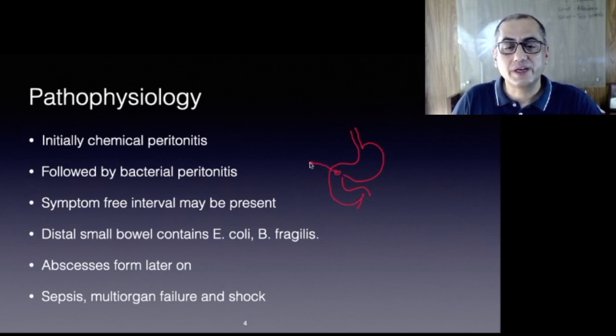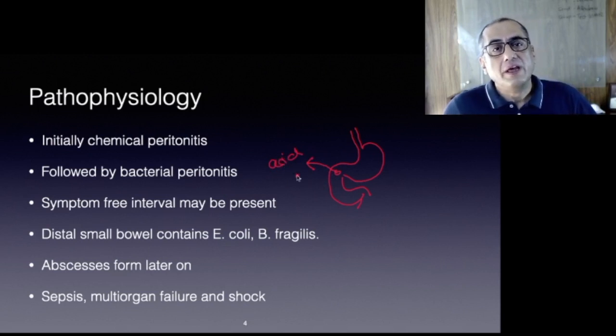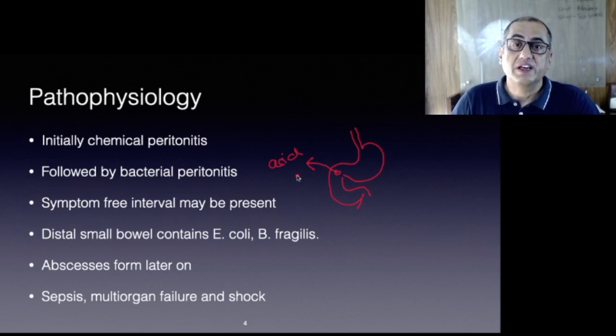Anyway, if there is acid here, the leakage of this acidic gastric juice into the peritoneal cavity results in a profound chemical peritonitis.